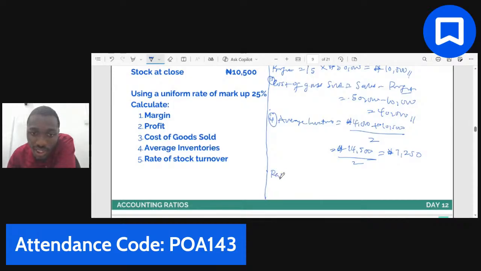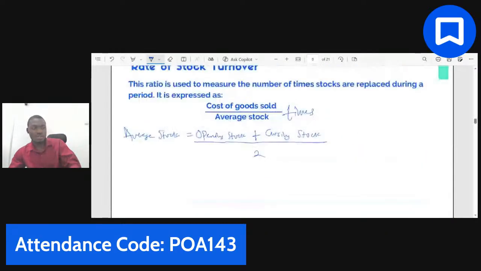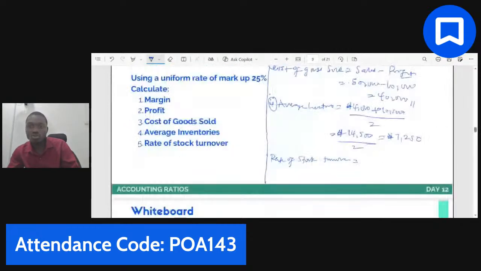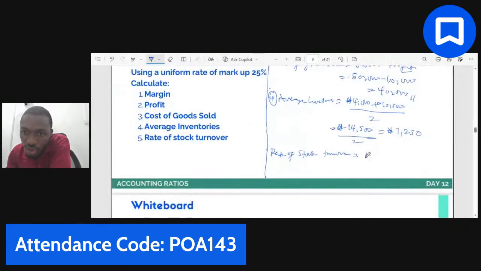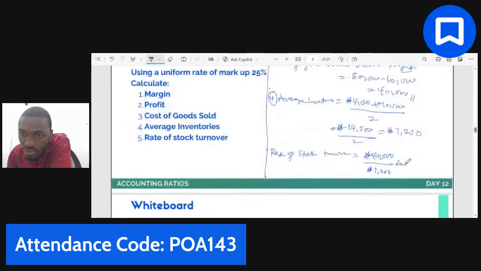So the next one we should calculate is rate of stock turnover. So our rate of stock turnover equals to cost, don't forget the formula, you have cost of goods sold over average stock. All right. So what's our cost of goods sold? 40,000 naira. So we say 40,000 naira divided by average stock of 7,250 times.